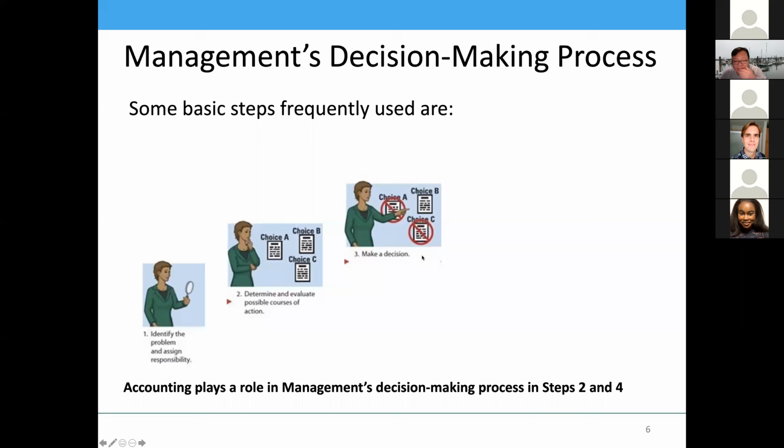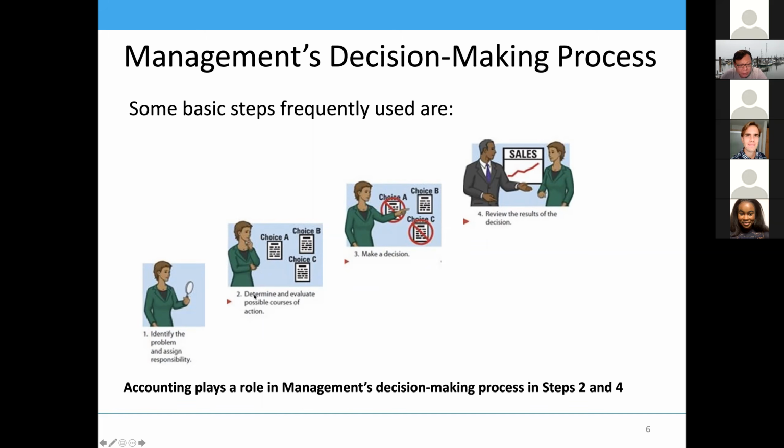And then you make a decision. So in this picture, you eliminated A and C. You want to go with choice B. And then later on, you can review the results of the decision. Those are the decision-making process.